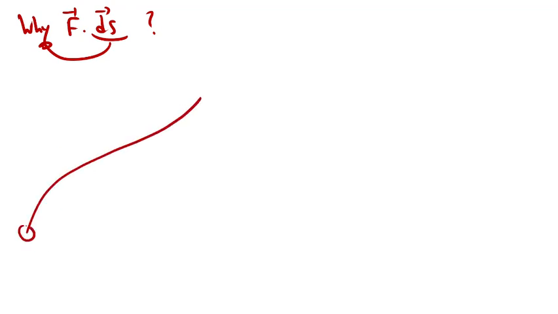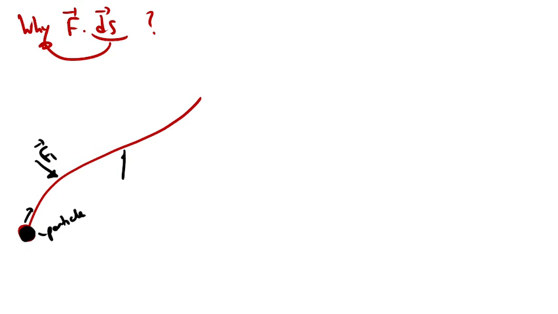Say that this is the particle that we have, and then the particle moves this way. This is the particle. Okay, and then you may have a force, something like this one here.